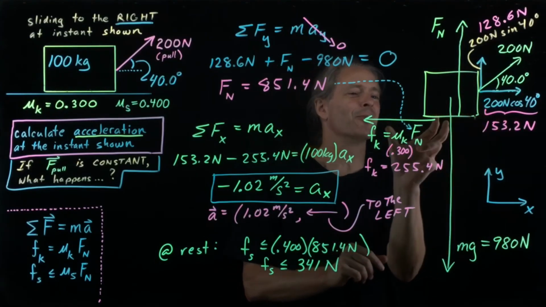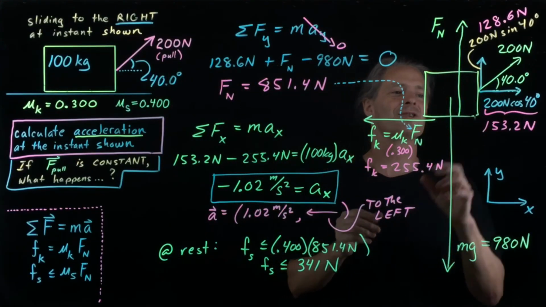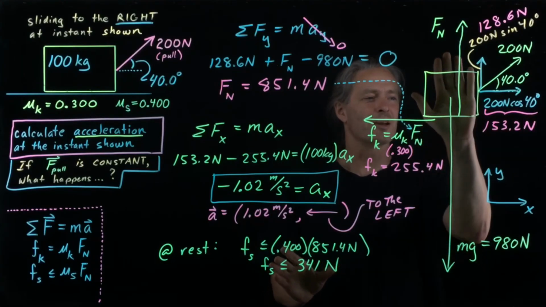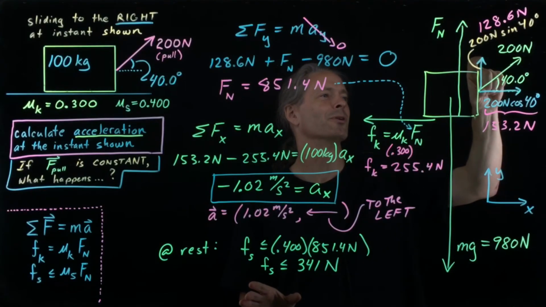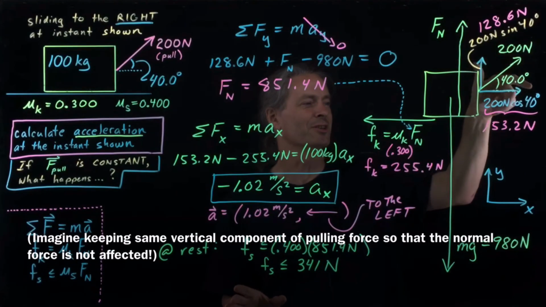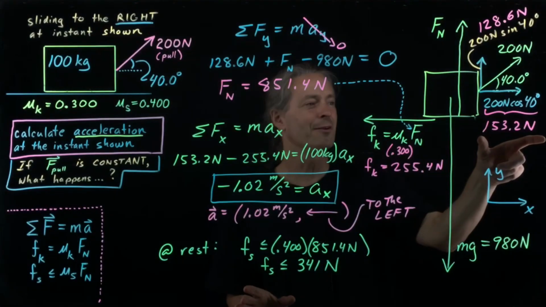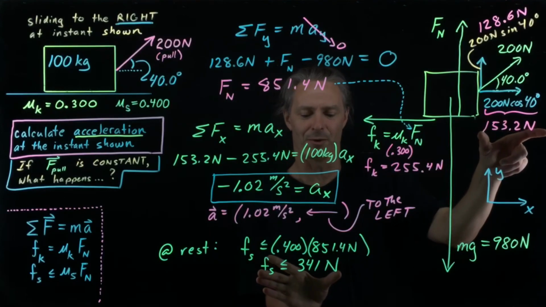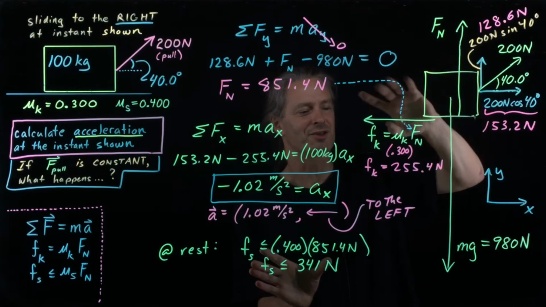Static friction is not going to cause this thing to start accelerating to the left. In the static case, what will happen is, if this thing came to rest and then we were to ramp the force up, maybe keep this vertical component the same, but change the orientation of the force and the amount to just tick this up higher and higher. If this horizontal component ever exceeded 341 newtons, again, assuming we're not changing this vertical component because that would play on this and change everything else.